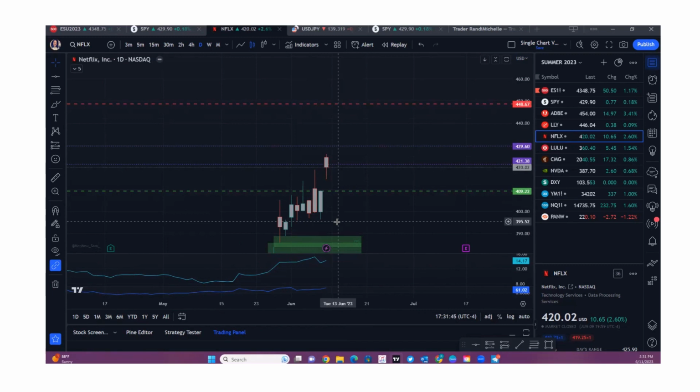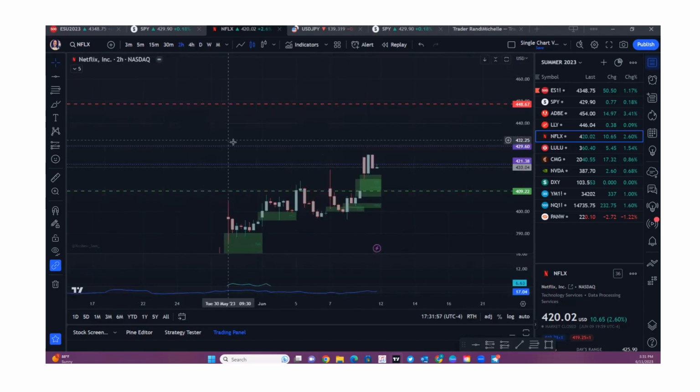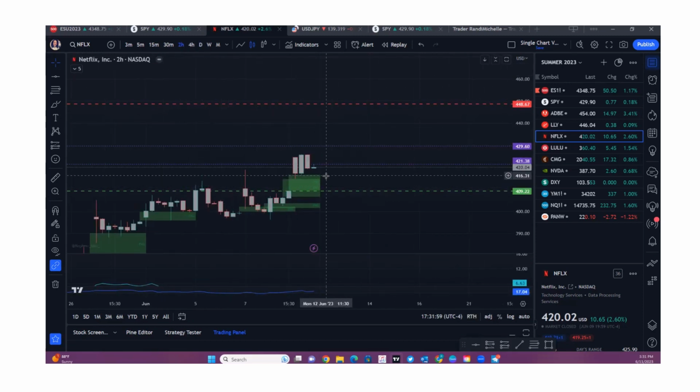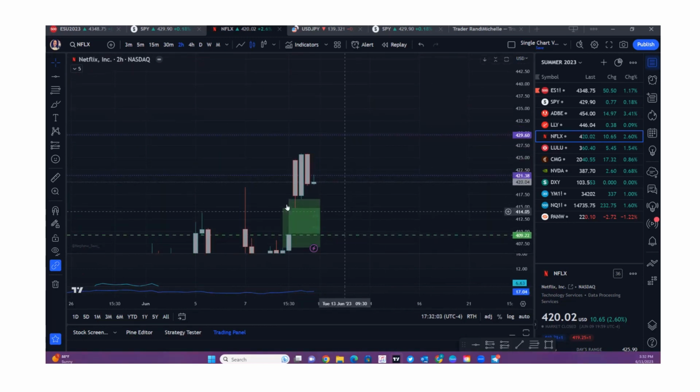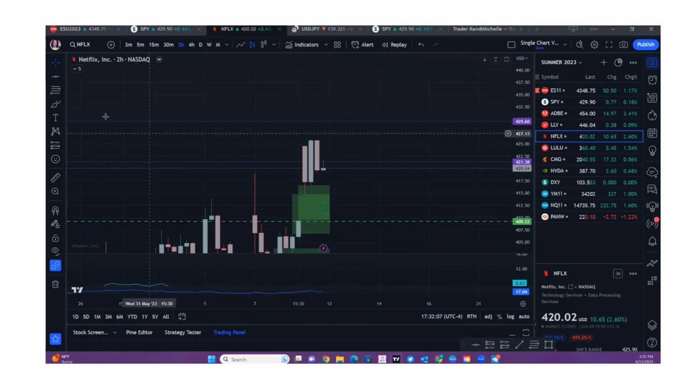And I have no idea if price wants to retrace and fill the gap down or continue to run up. Coming down to the 2-hour, this little gap has quite a bit of money in it. So I wouldn't sleep on this gap if it chooses to do so.